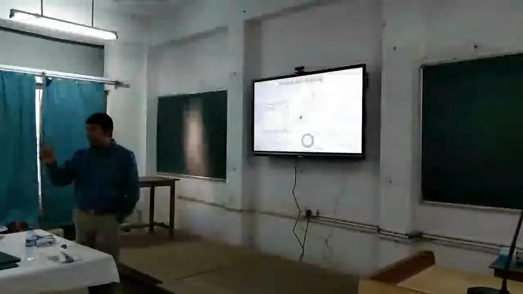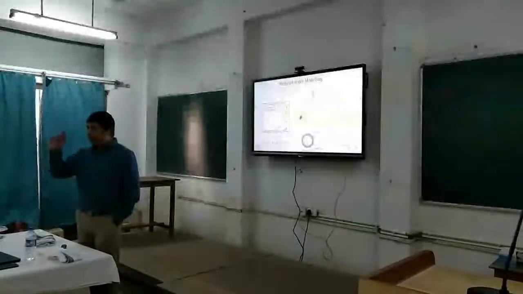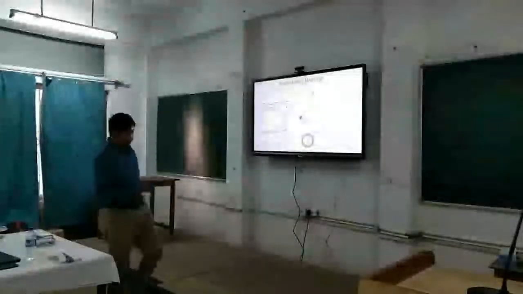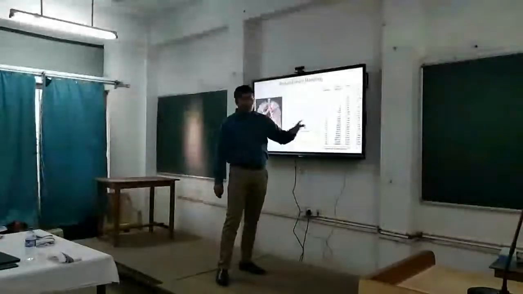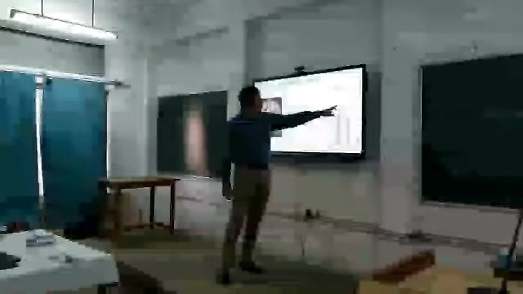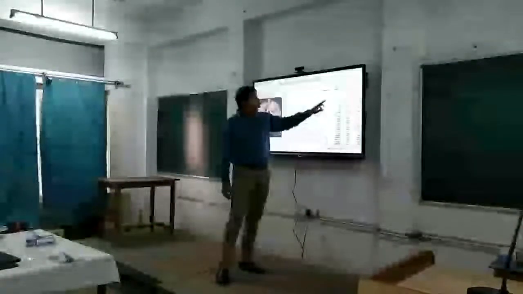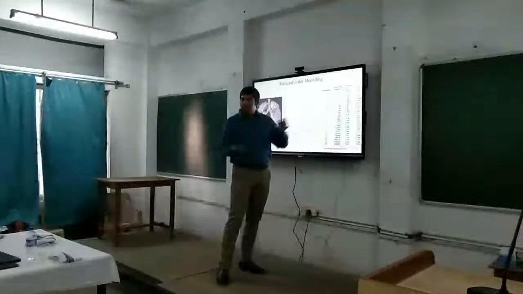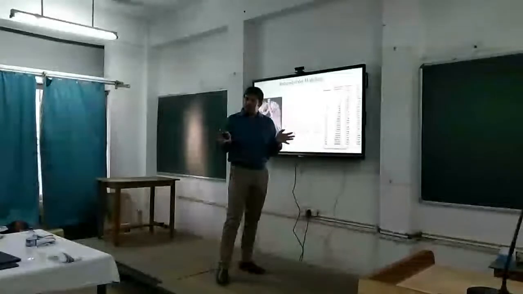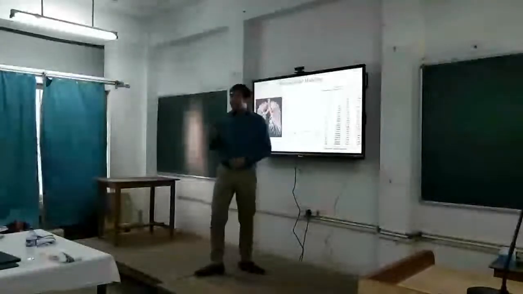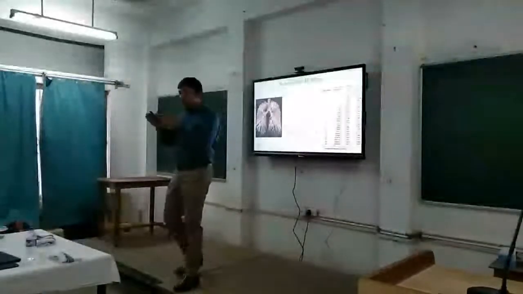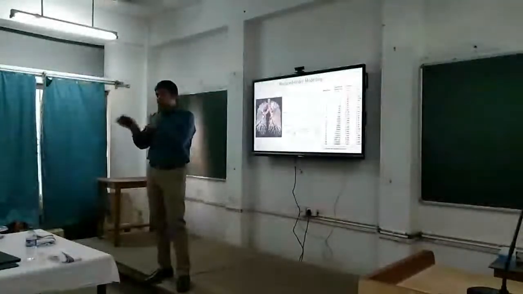If you consider the number of branches at each generation, for example generation 3, here we have one branch, and here we have 8 branches. So the flow through a single branch is getting subdivided into 8 branches, right? First tell me why the flow velocity will reduce if there is subdivision.